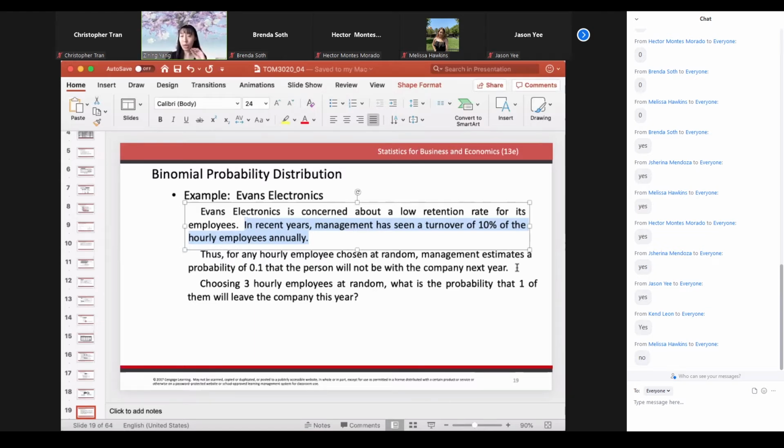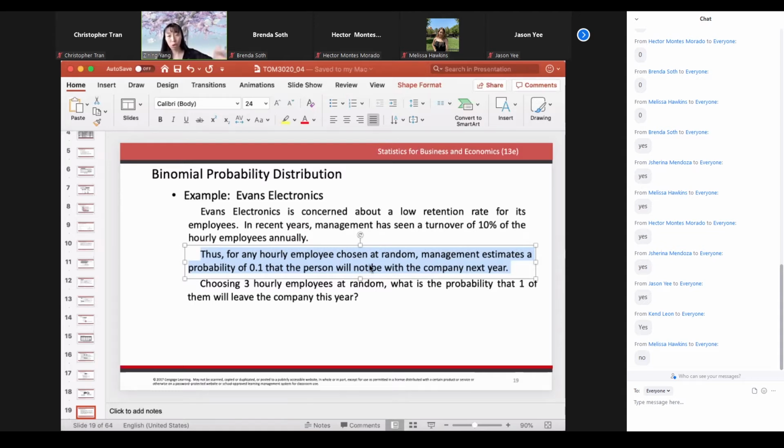So usually, if you see something clearly stated, again, I'm not saying you have to, but usually or the easiest is to define this as your success. Because the probability is already given, you can simply plug in the probability of success.